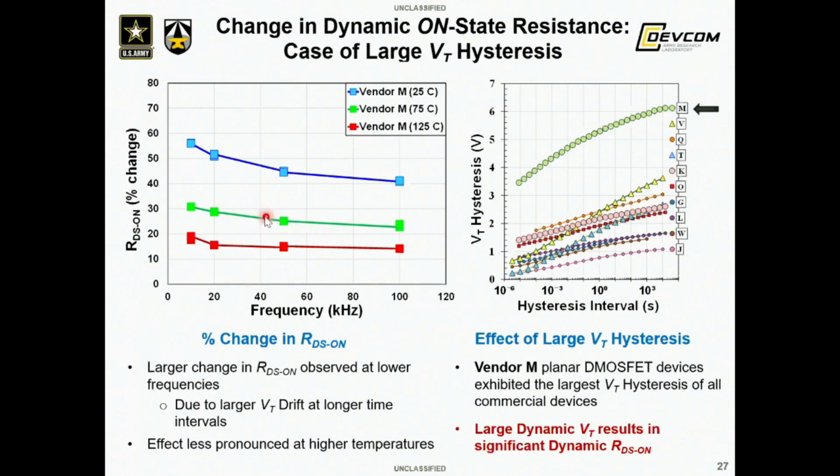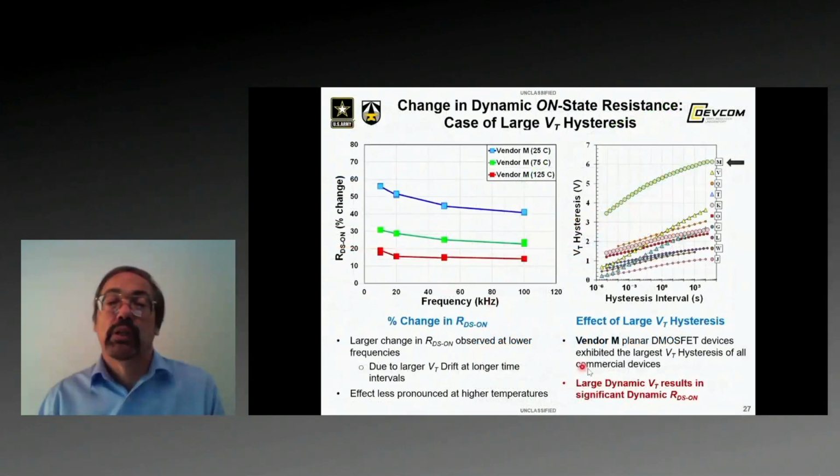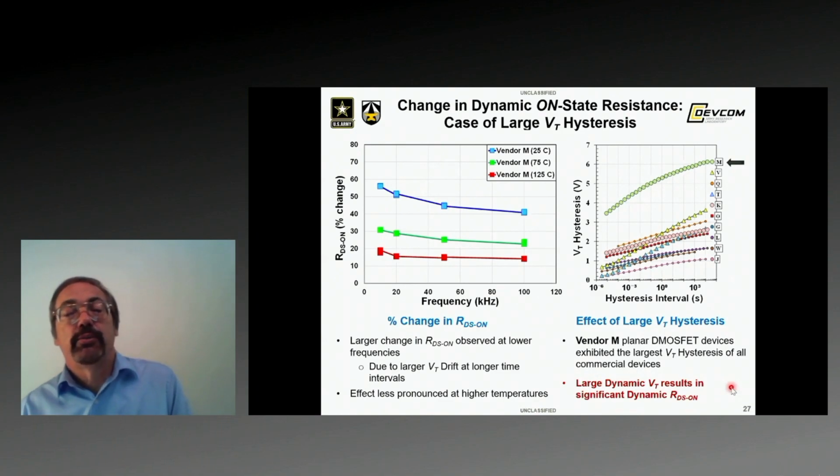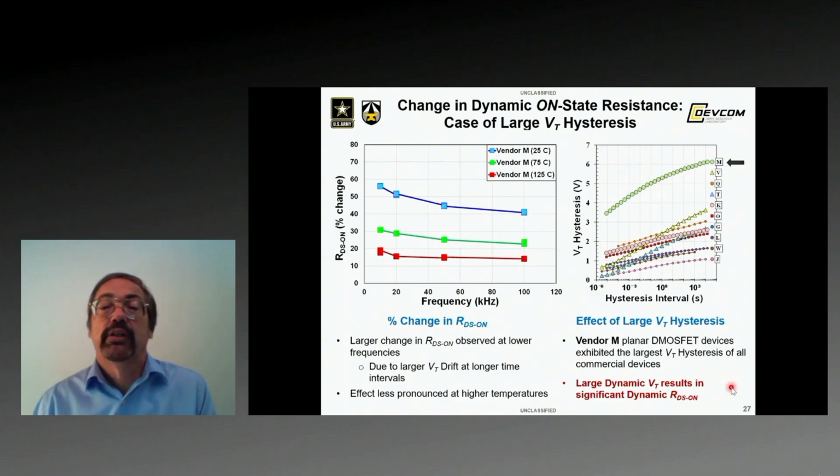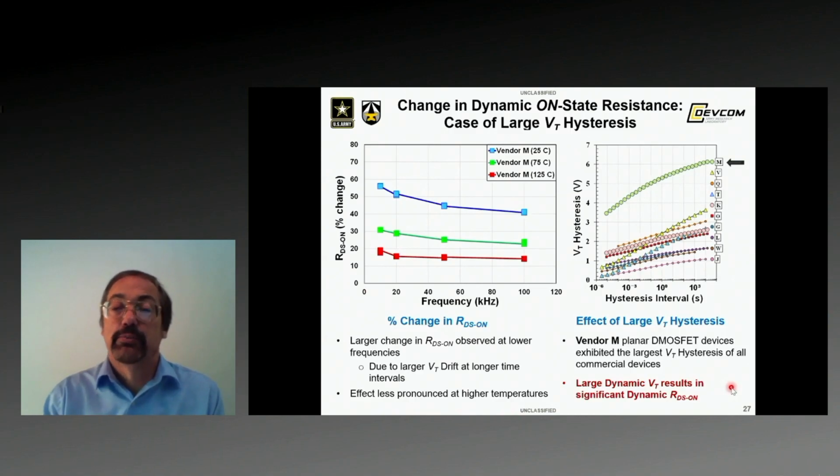And so we see 2 things. One, larger change at lower frequency, which makes sense since there's more time for VT drift to occur for lower frequency switching. And we also see that this effect lessens with increasing temperature. But the main point is that large dynamic VT can result in significant dynamic RDS on.